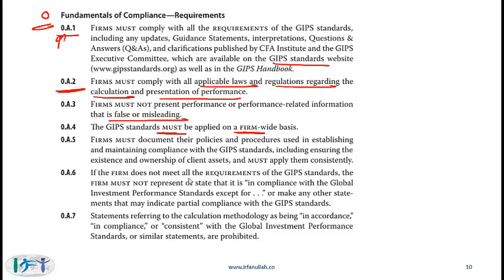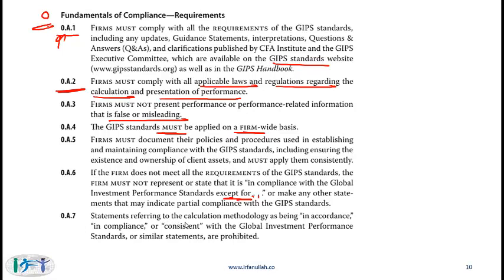If the firm does not meet all the requirements of the GIPS standards, the firm must not represent or state that it is in compliance with the Global Investment Performance Standards except for so and so, or make any other statements that may indicate partial compliance with the GIPS standards.